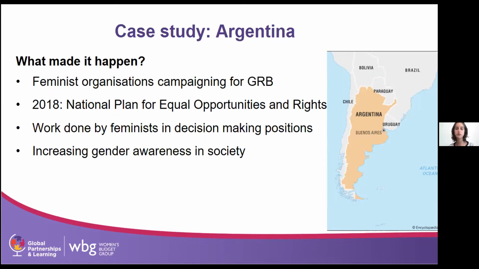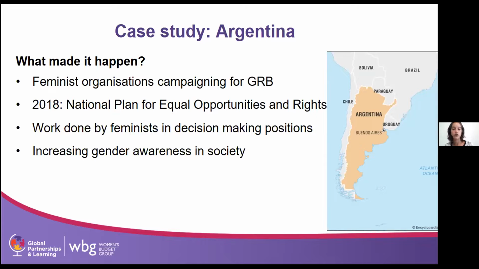In practice, this means identifying areas of national government expenditure which aim to reduce gender inequalities. The tool used is called gender tagging, which means tagging or labeling programs and activities which aim to improve gender equality. For example, within the Ministry of Women, Gender and Diversity, all activities are tagged.